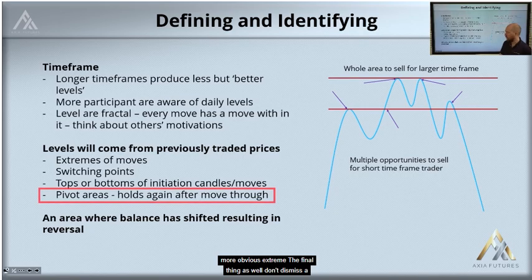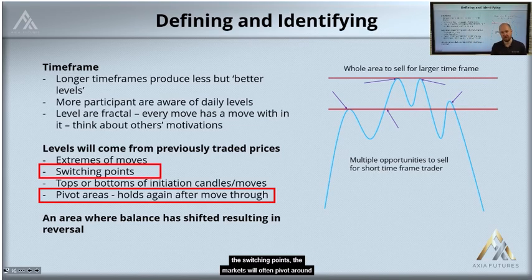The final thing as well, don't dismiss a level just because it's broken. And this links back to the switching points, that markets will often pivot around levels. And this comes back to that idea of things being fractal. Yes, you may see it as a support or resistance, but for many others, they will see it as the middle of a range. And with every range, and we'll talk more about ranges when we look at chart patterns, there is also a pivot area in the middle, an area where the market constantly bounces up and down to or from.